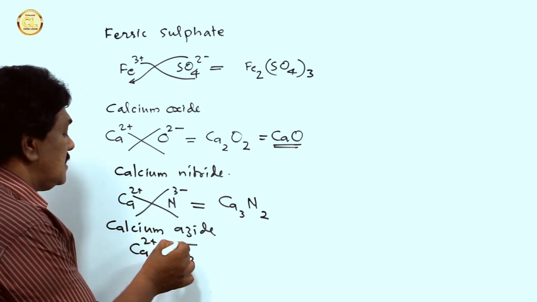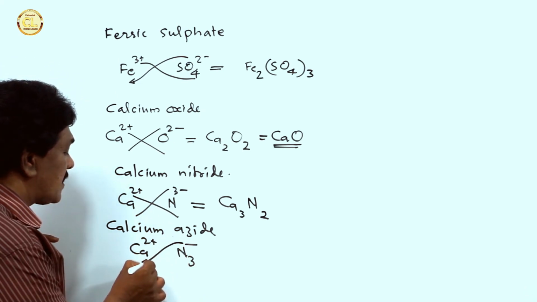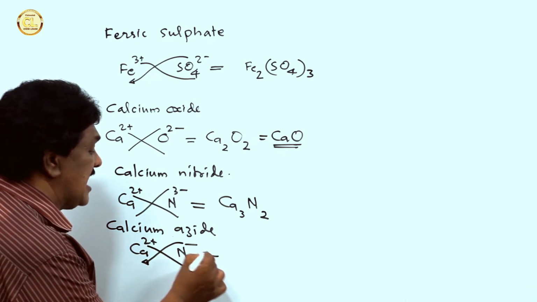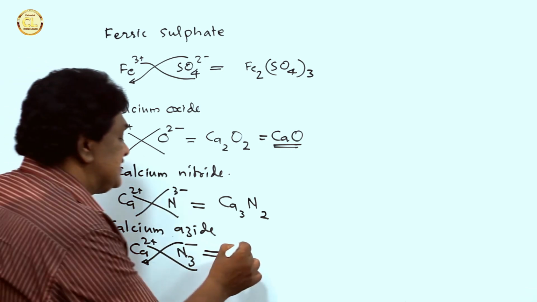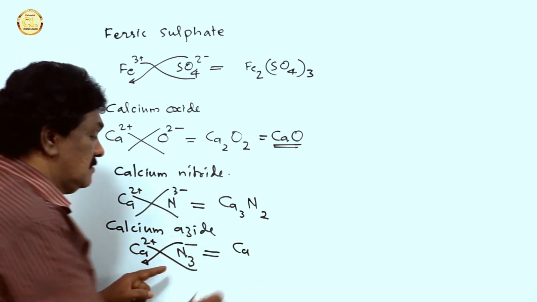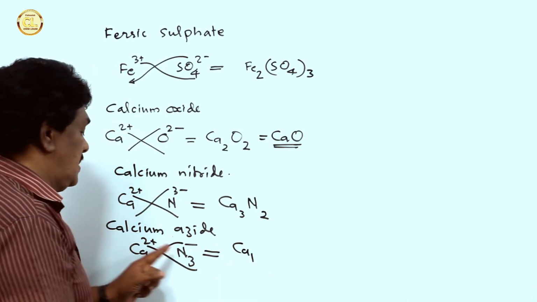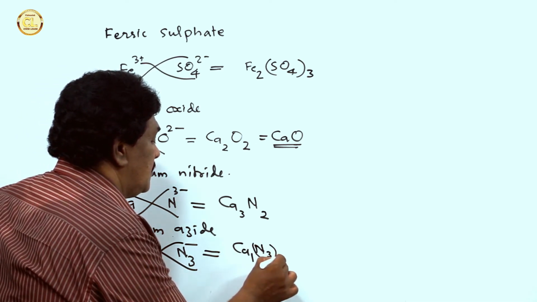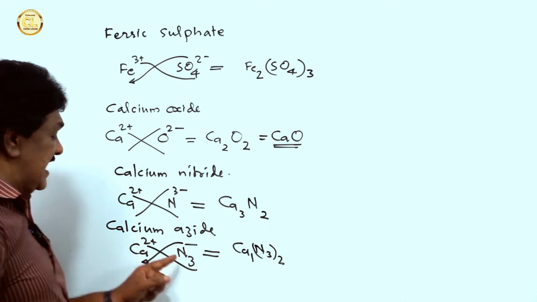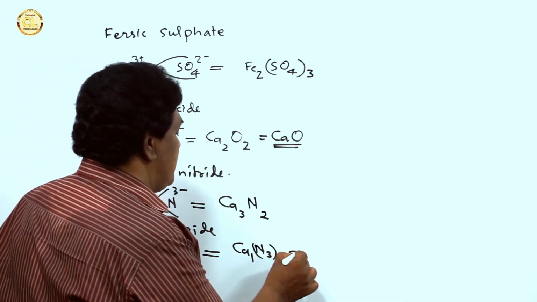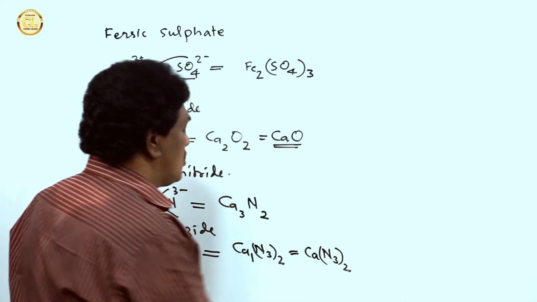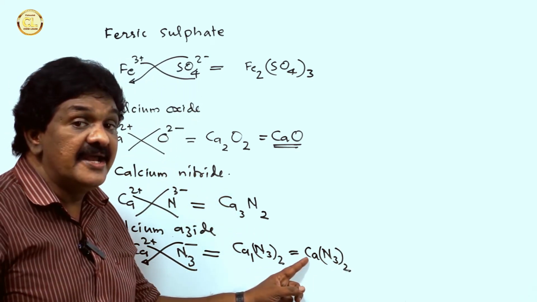See, the valency of calcium and azide ion are crossed like this. So we get Ca1, N3 twice. Ca(N3)2. That is what is called calcium azide.